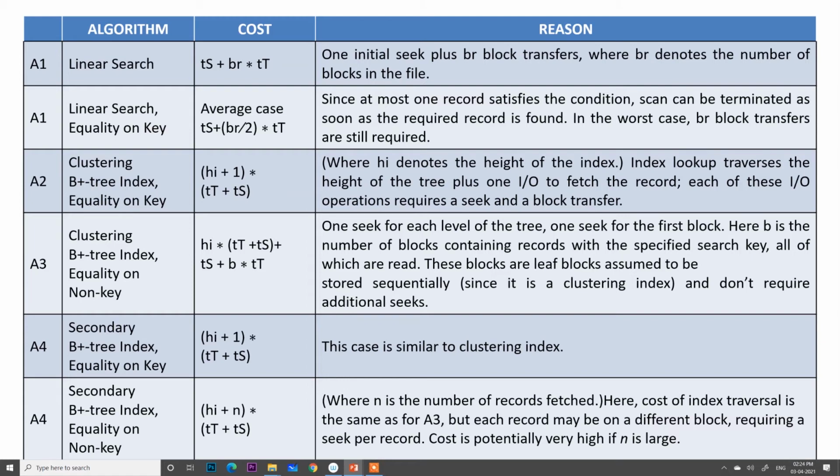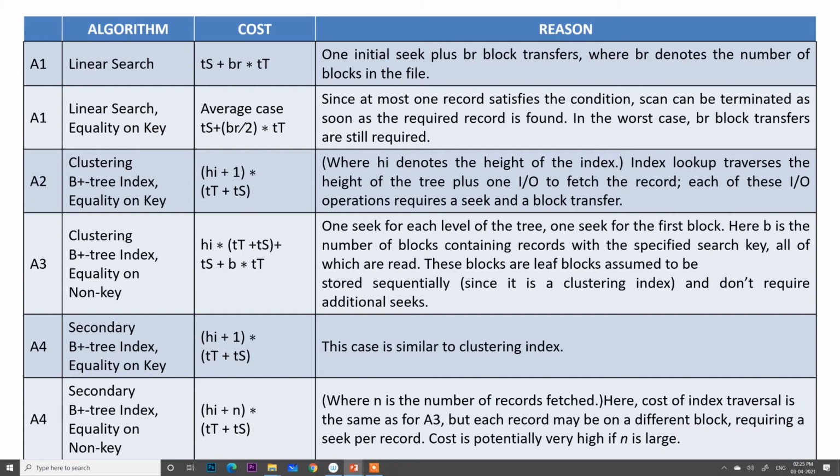So here, what happens is one seek for each level of the tree, and one seek for the first block. And here B is the number of blocks containing the records with the specified search key, all of which are read, because you have to read all the blocks since it is a non-key attribute. And these blocks are leaf blocks, assumed to be stored sequentially.